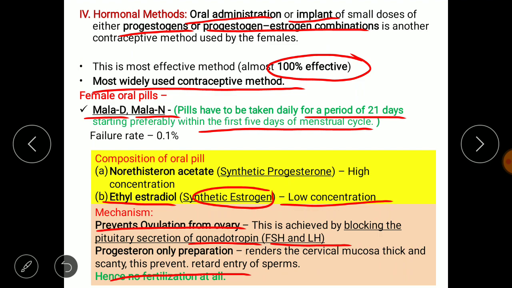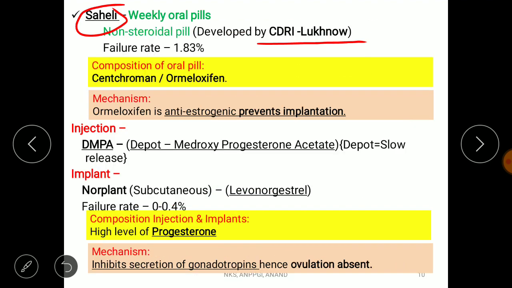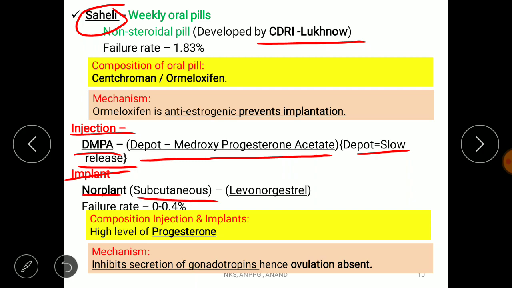The second method in the hormonal method is injection. So injection is nothing but injecting DMPA. DMPA is nothing but depot medroxyprogesterone acetate. Depot means it is slow releasing. So slow releasing progesterone is there in the injection. And third one is the implant. So implantation of Norplant inside the skin, subcutaneous, and it is nothing but the LNG.